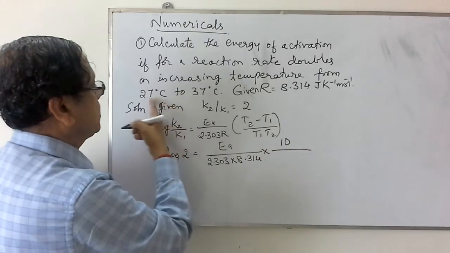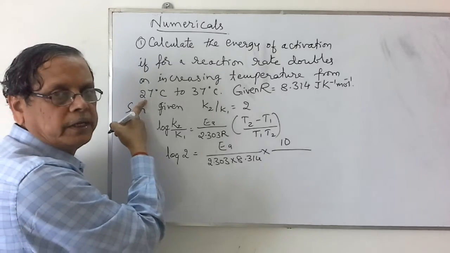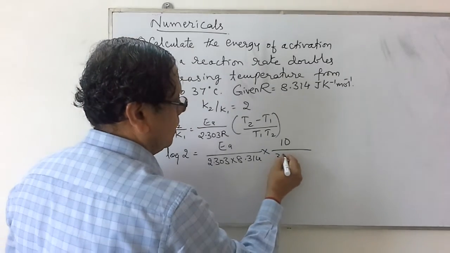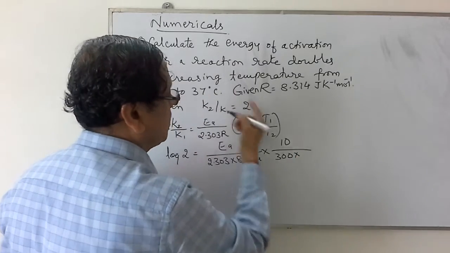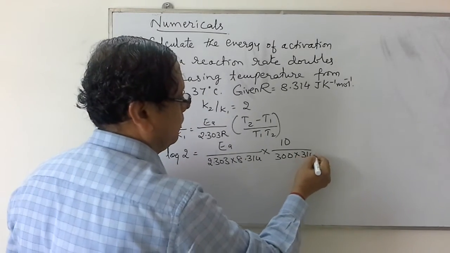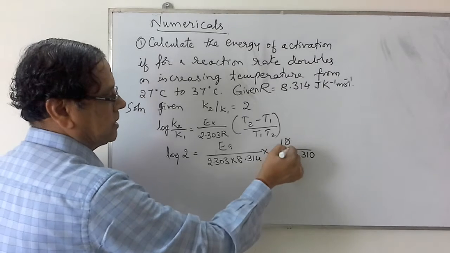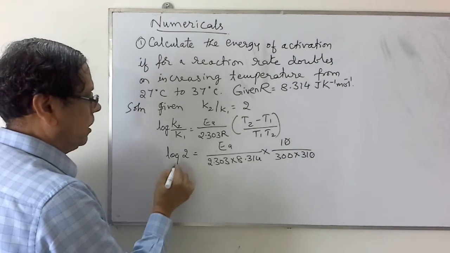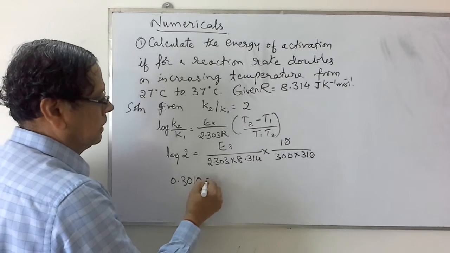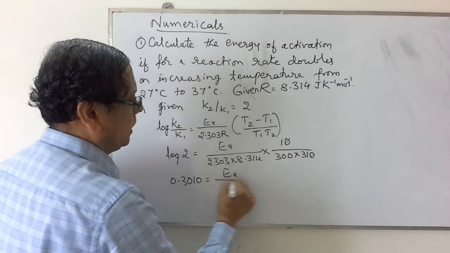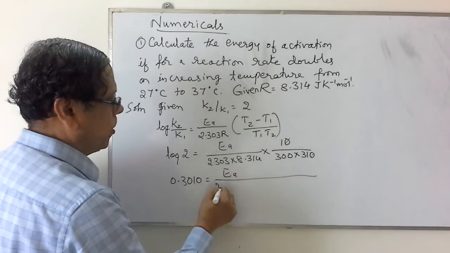T1 is 273 plus 27, it is 300, and T2 is 37 plus 273, it is 310. So we just cancel one 0. So log 2, which is 0.3010, is equal to Ea divided by all these terms.